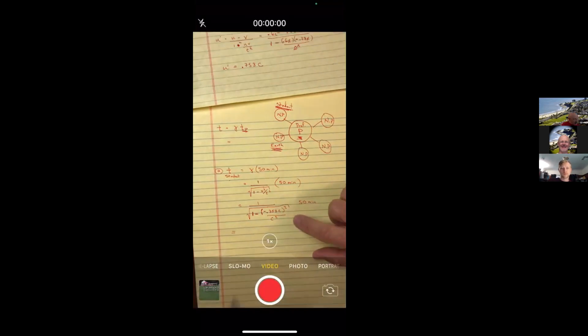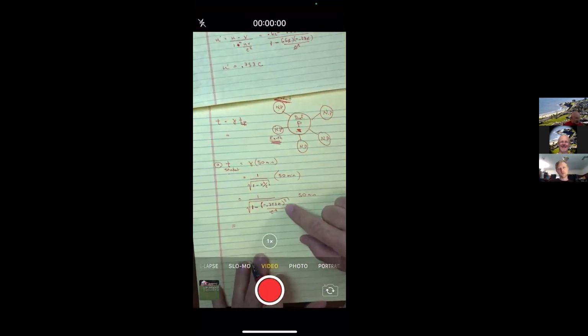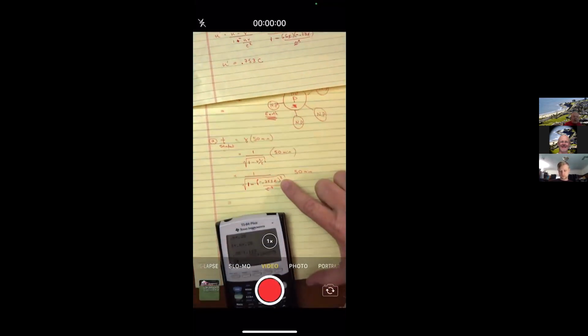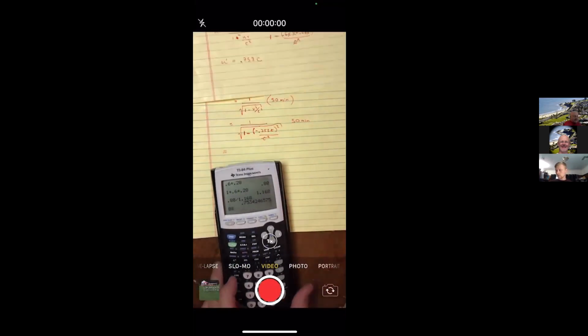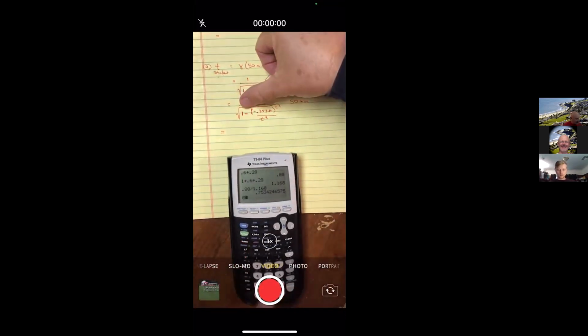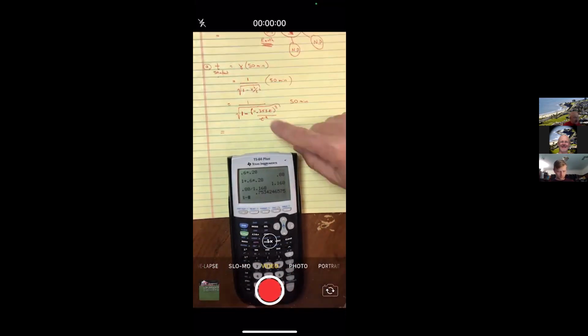So let's get this number. And again, you can see the advantage of writing things as a fraction of the speed of light. That's why we always do this for relativity. The c's tend to cancel off. So down here in the denominator, I grab my calculator and take 1 minus, and I'm not going to put in the negative, I'm just going to put in 0.753 and square it.